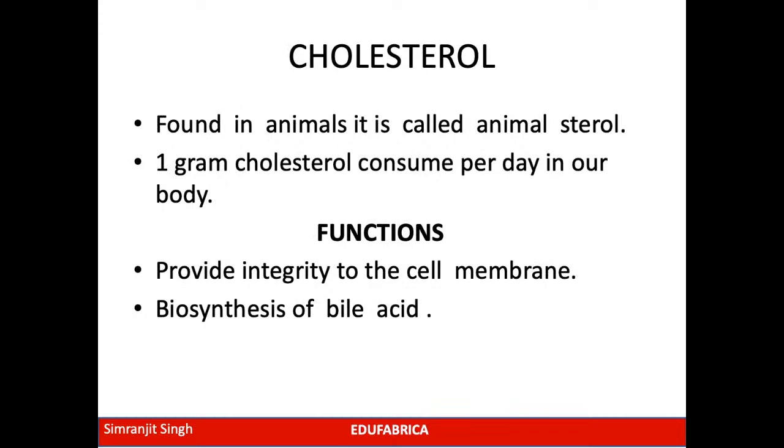Then comes cholesterol, which is found in animals, and it is called animal sterol. About 1 gram of cholesterol is consumed per day in our body, and its functions are to provide integrity to the cell membrane and biosynthesis of bile acid.